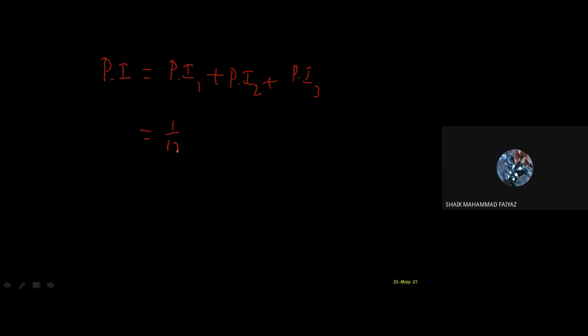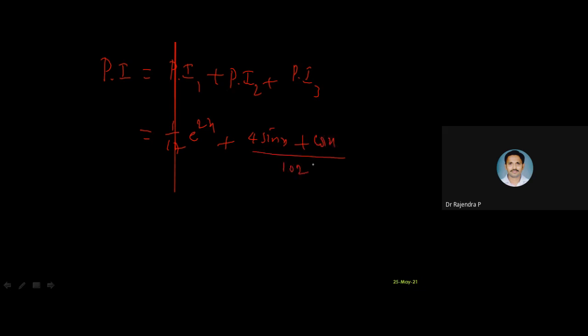Yes, sir, 1 by 17 into e to the power of 2x. PI2 value is 4 sin x plus cos x by 102. And the third part, just now we got it: 1 by 25 means x plus 6 by 25.